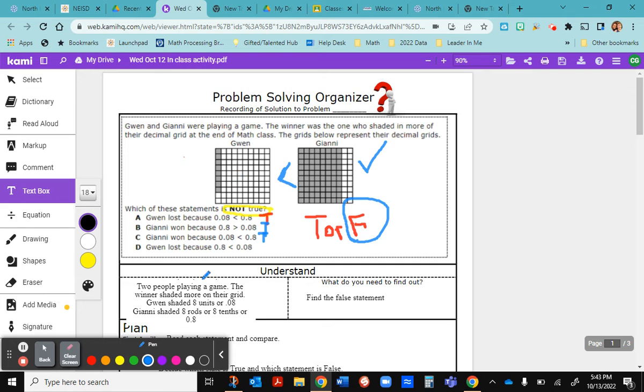We know that Gwen lost because, is this a true statement? 8 tenths is greater than 8 hundredths. Is 8 dimes greater than 8 pennies? Absolutely not. So I'm going to put an X there. This makes it ding, ding, ding, false, false alert. So which is our correct wrong answer? It's D. All right, do you see all that work?